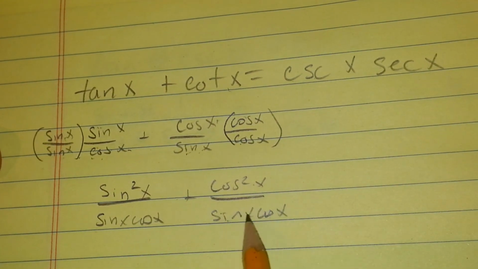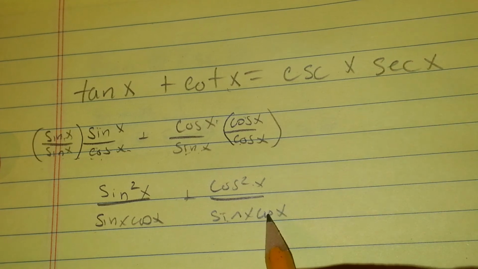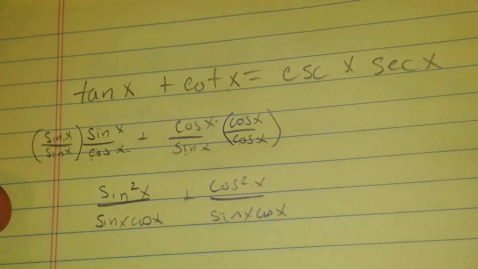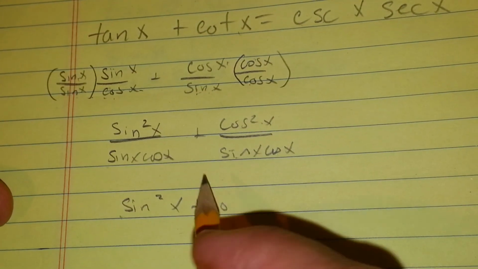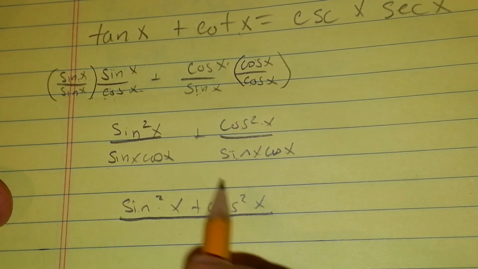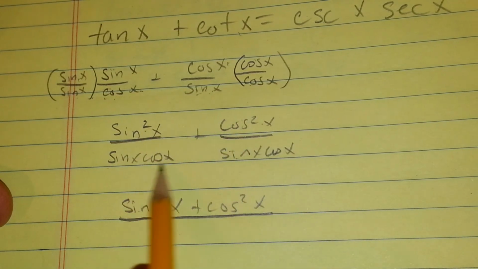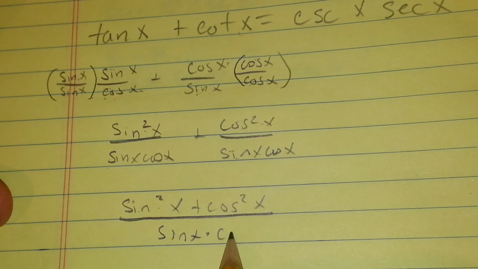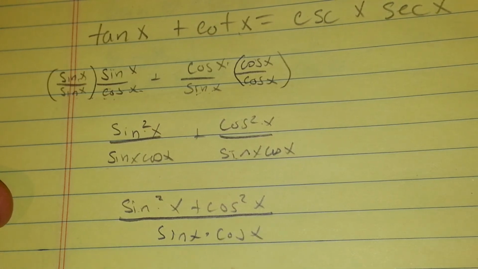I'll make this sine squared x plus cosine squared x, and what's my denominator? I'm adding this and this, but this is what I'm adding over. It's all over sine x times cosine x, correct?